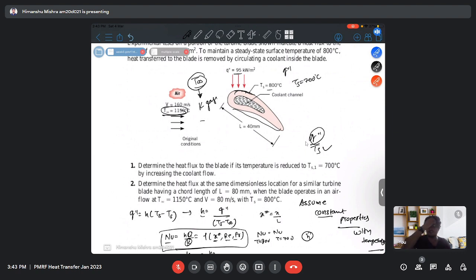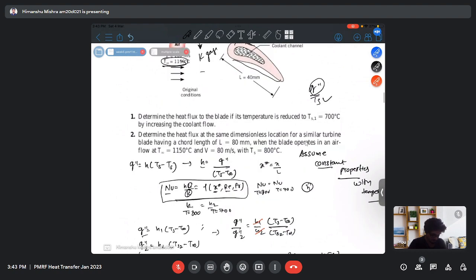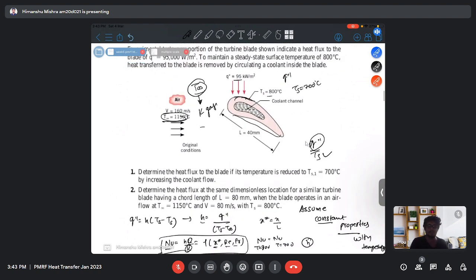So we can neglect the change in the thermal conductivity of a gas, because we are talking about the thermal conductivity of a gas, not a solid. In that case, there is a very negligible change, and that change only occurs near the surface. Otherwise, the thermal conductivity everywhere around the body remains unchanged.